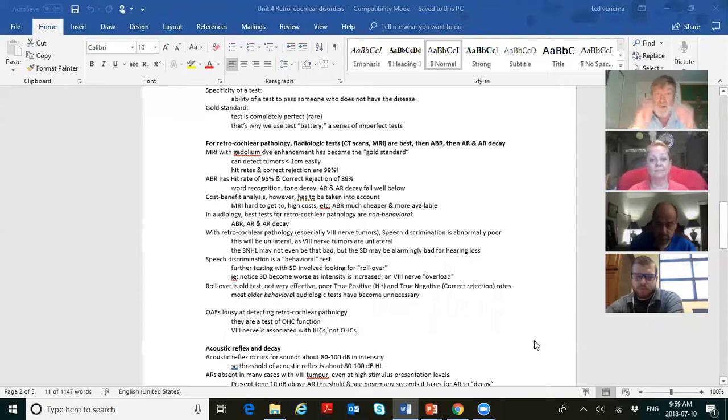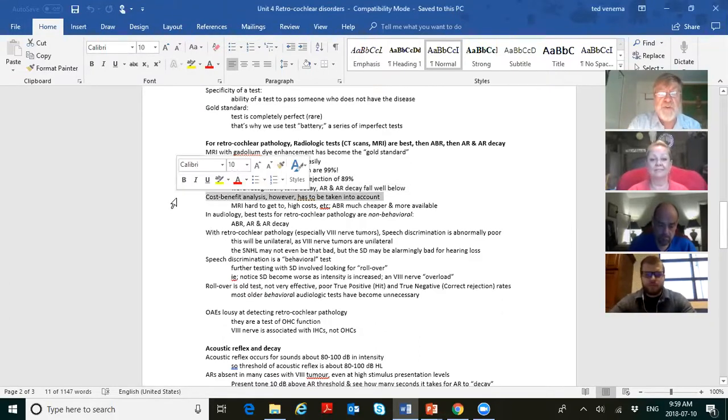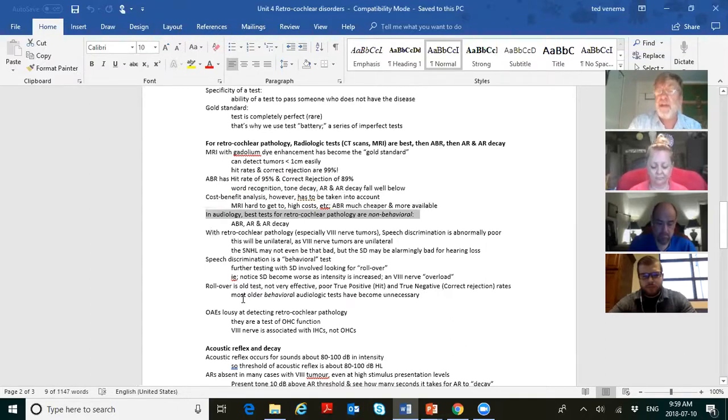All right, share screen again. Let's look at the notes so we can get on through. Cost-benefit analysis of hospitals, of course, always has to be taken into account. MRIs are hard to get to and have high costs. ABR is cheaper. In audiology, the best tests for retrocochlear pathology are non-behavioral.